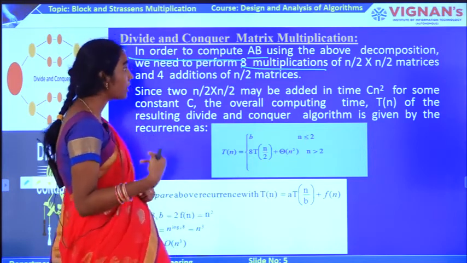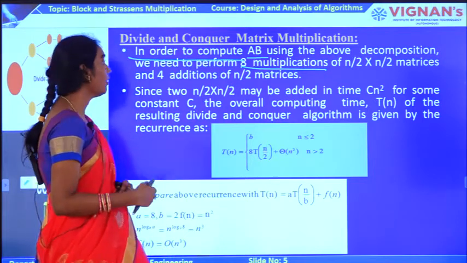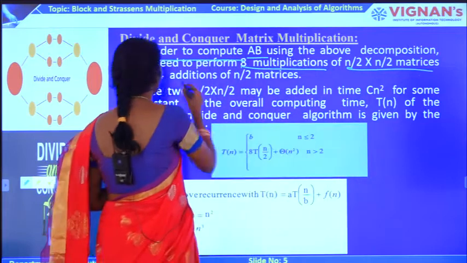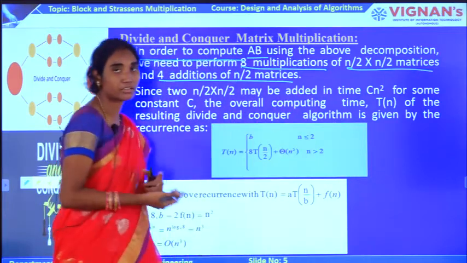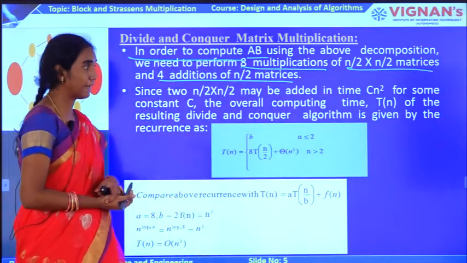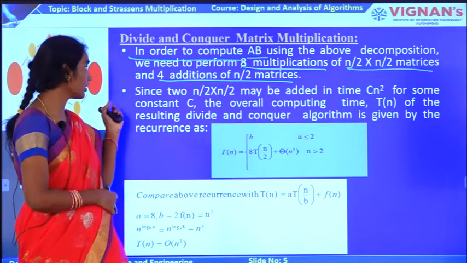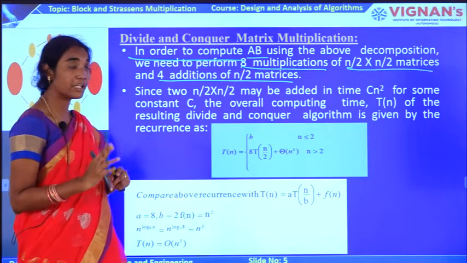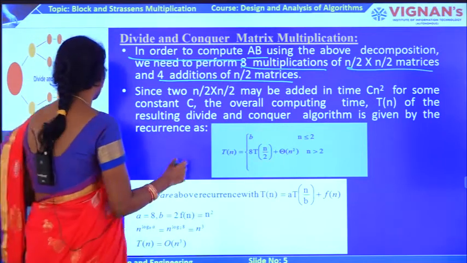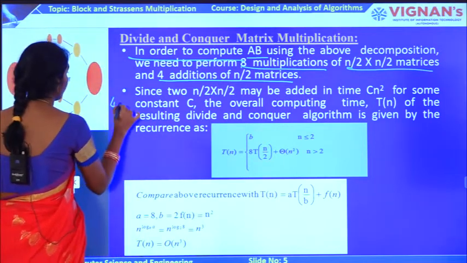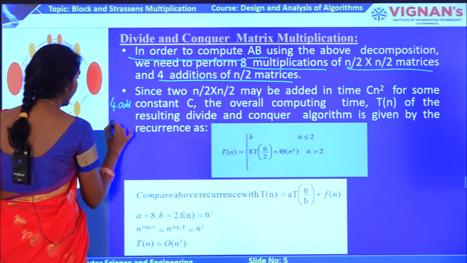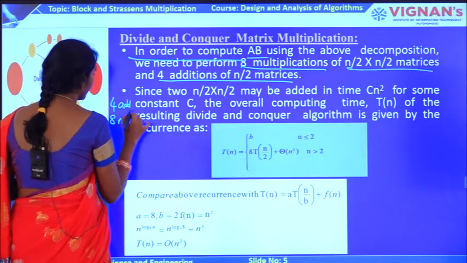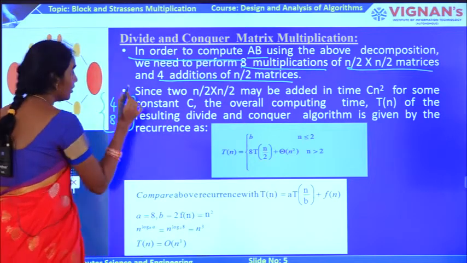Likewise, 8 multiplications of n by 2 matrices and 4 additions of n by 2 matrices. So for 2 by 2 matrices, 4 additions as well as 8 multiplications are required.